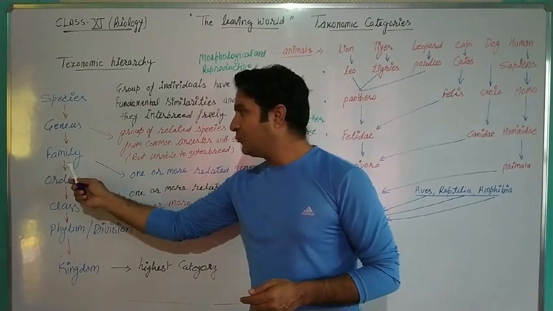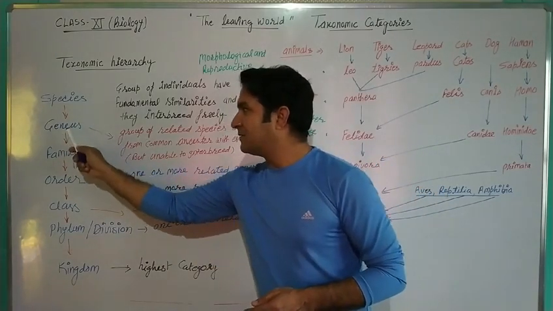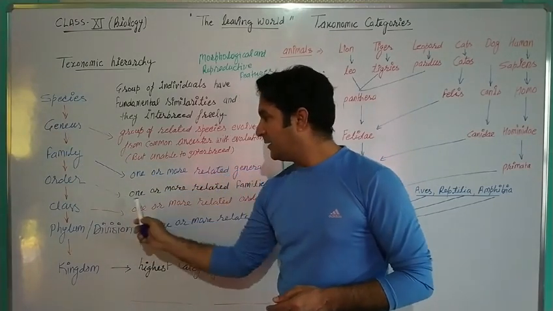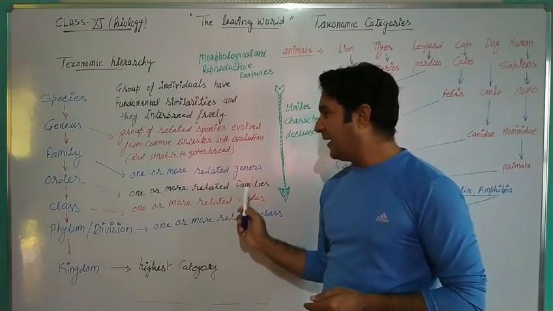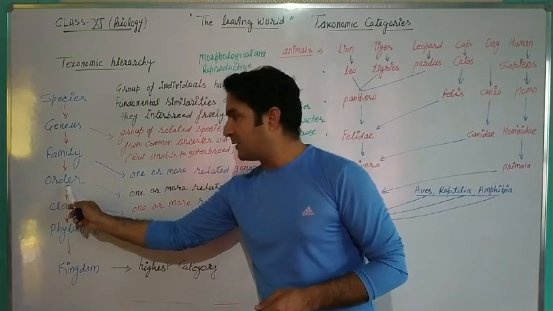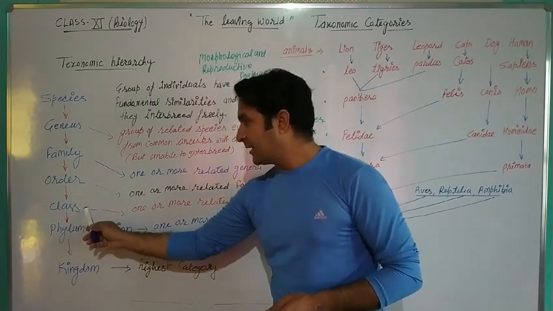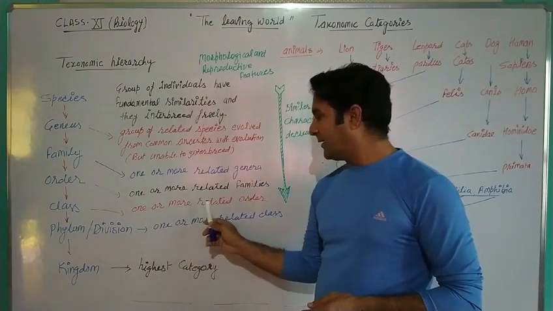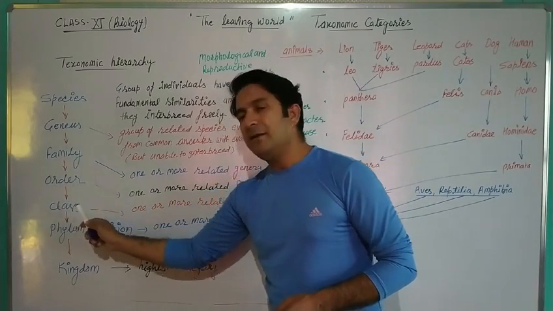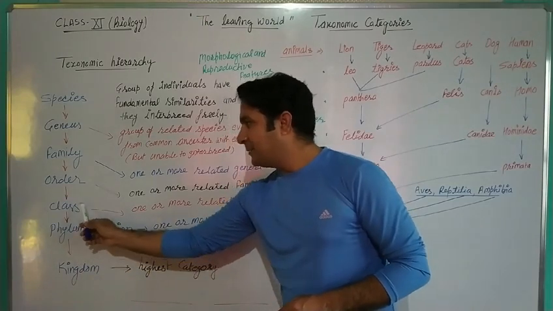Now what is a family? One or more related genera, meaning a group of similar genera, is called a family. Order: one or more related families, meaning a group of similar families comes under one order. What is a class?